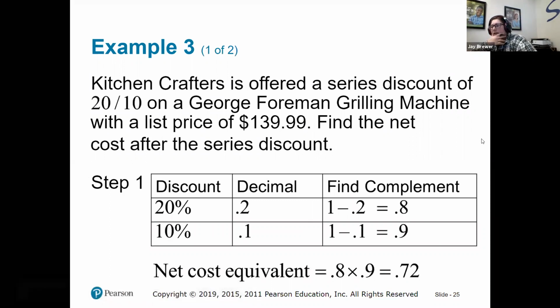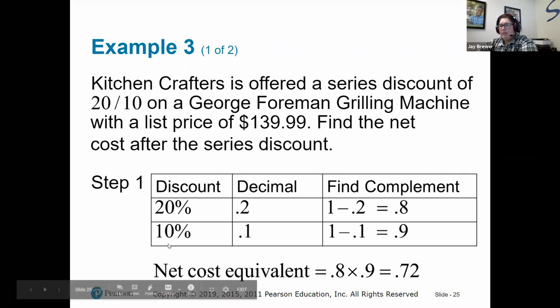So this is saying Kitchen Crafters is offered a series discount of 20 and 10 on a George Foreman grilling machine with a list price of $139.99. Find the net cost after the series discount. So here they wrote down the discounts, they found the decimal equivalents, and then they found the complements.